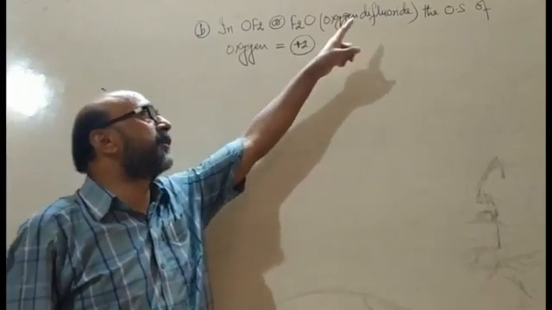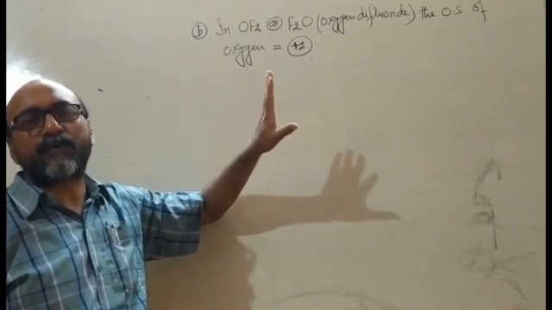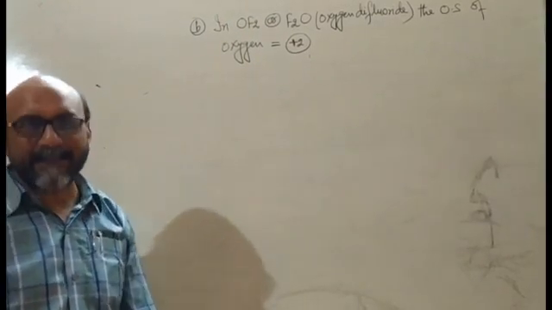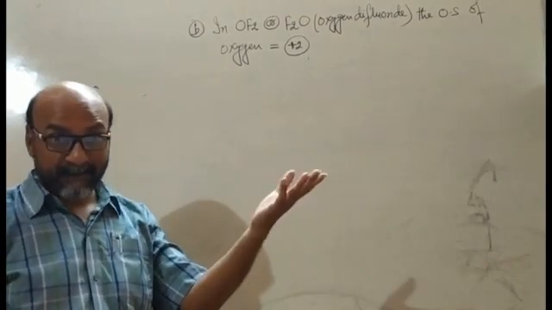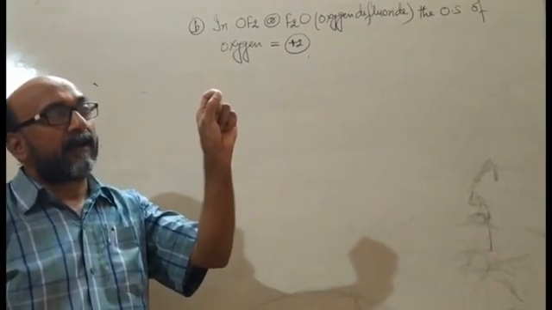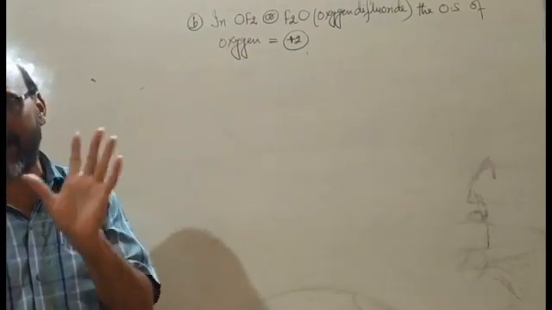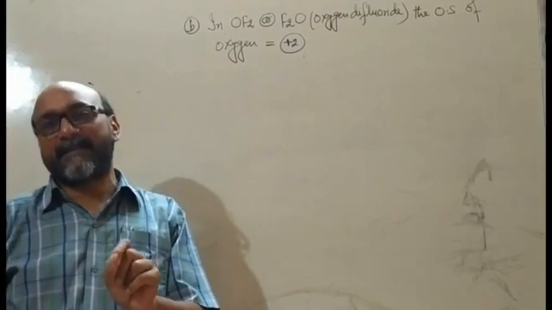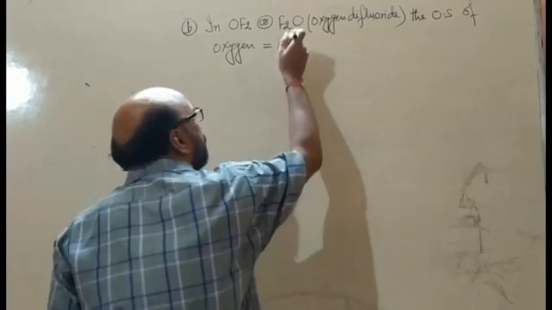But in oxygen difluoride, the only compound where oxygen possesses +2 oxidation state, this is due to fluorine, because we have read in the notes when we discussed halogens in halides that fluorine always possesses -1 oxidation state.